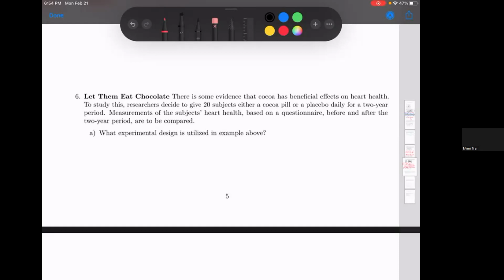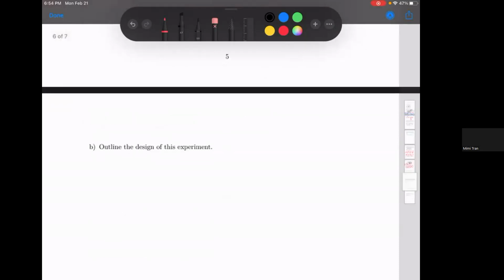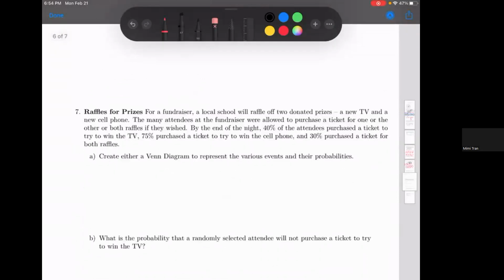So it kind of confused me, but it is a complete randomized design. But I don't like the next part. It could be matched pair-ish. On your exam, don't worry, it'll be very clear.